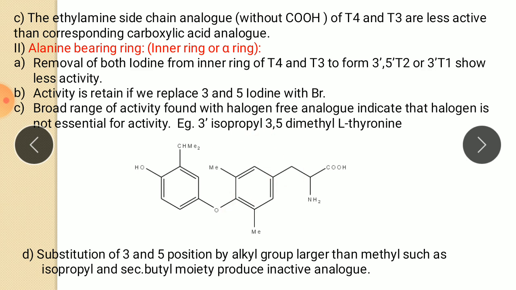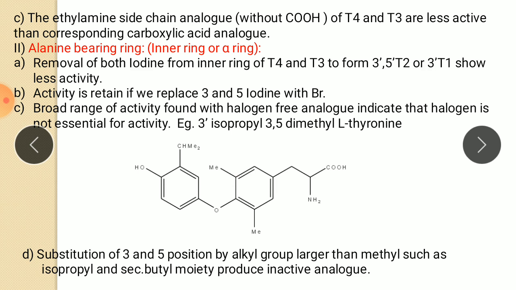And the first one is removal of both iodines from the inner ring of T4 and T3 to form 3,5-T2 or 3-T1, which show less activity.